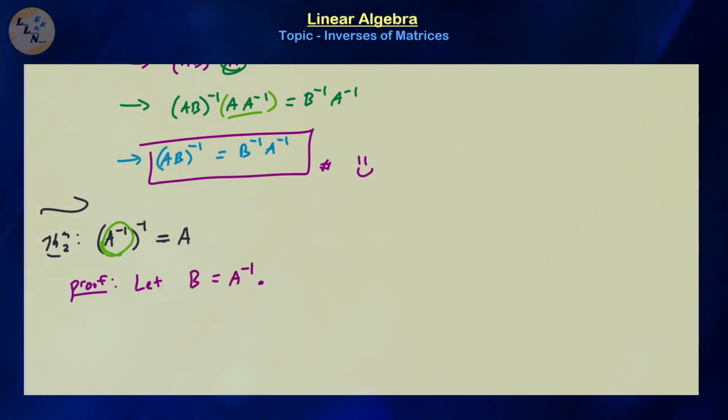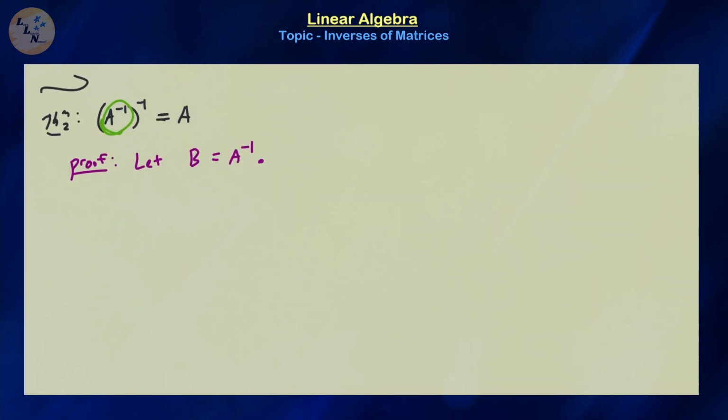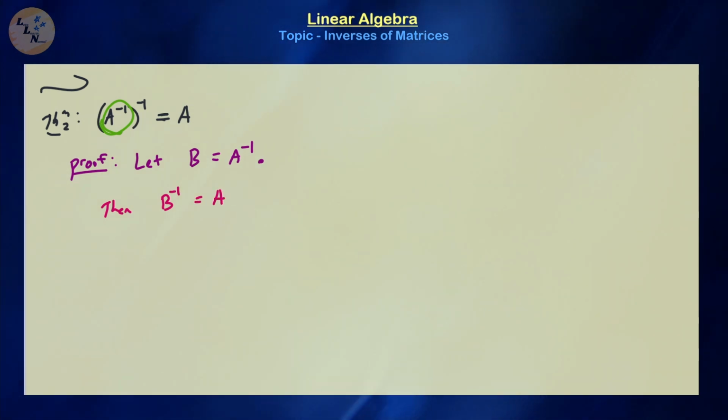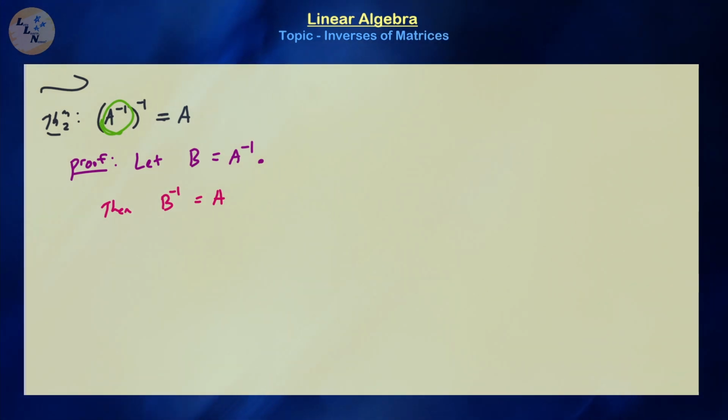Okay, so if B is equal to A inverse, what is the inverse of B? What exactly is the inverse of B? So the inverse of B is equal to A. Now, why exactly is that the case? Because B is equal to the inverse of A, that means A is going to be the inverse of B, right?